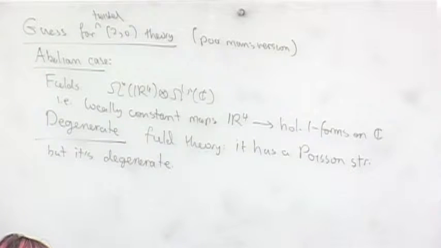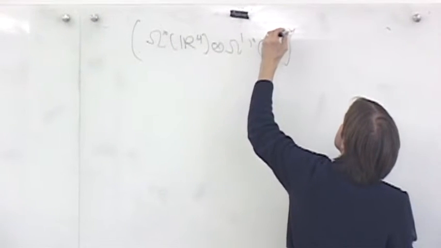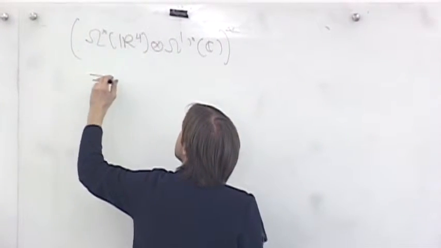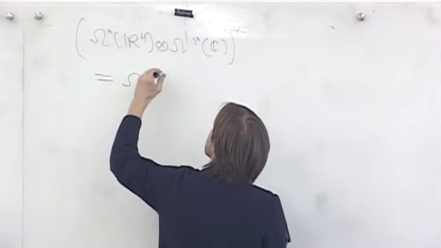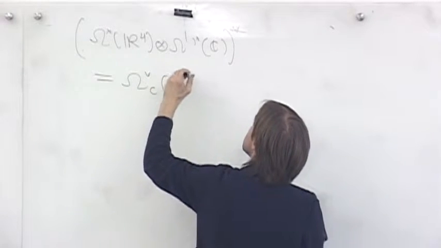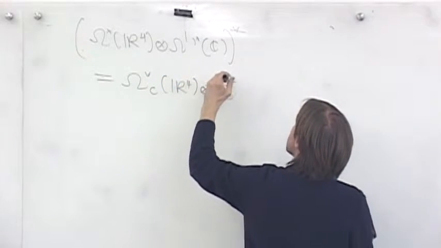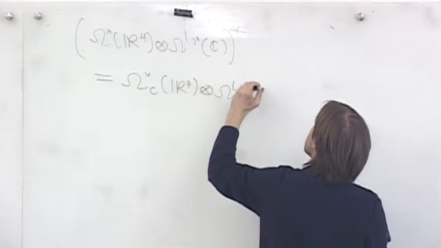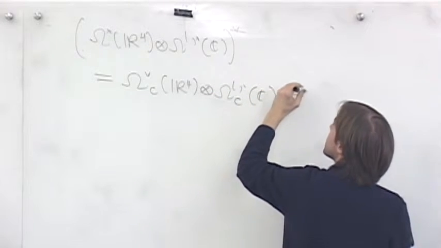So if I take the dual of this space, I find complex of order things on R4, tensor complex of order things on C, shifted by 5, sorry.